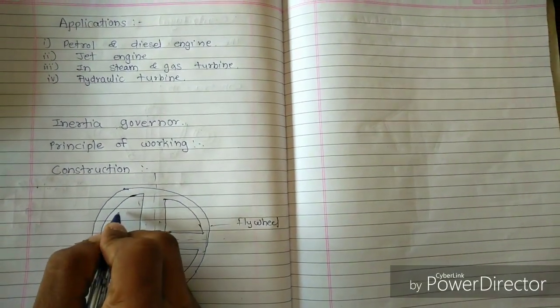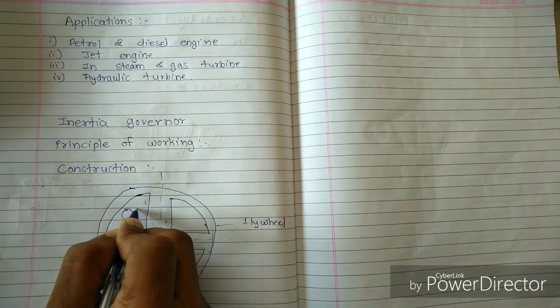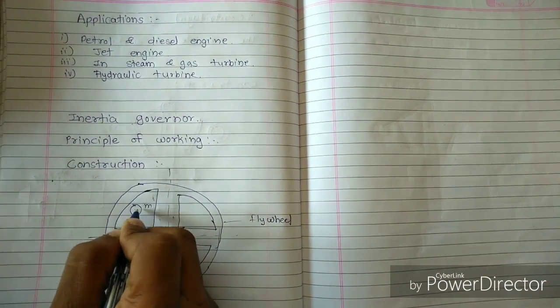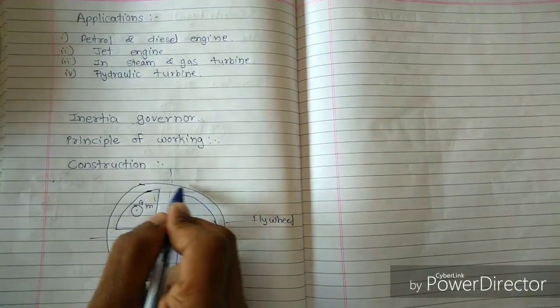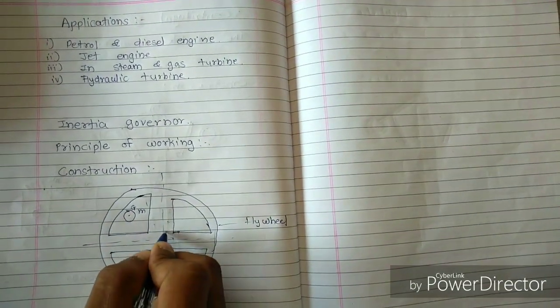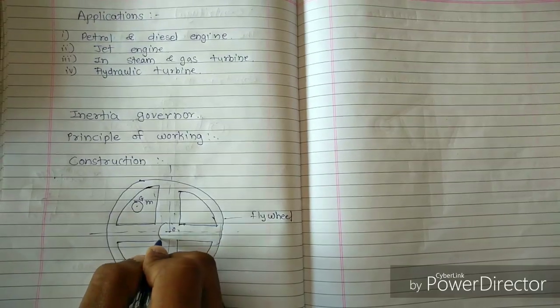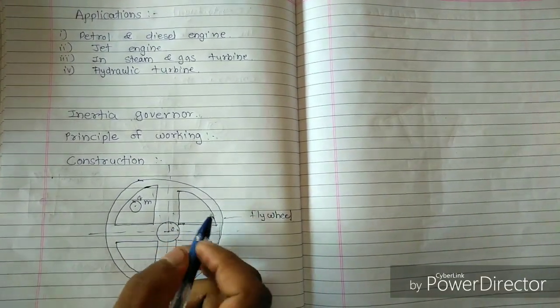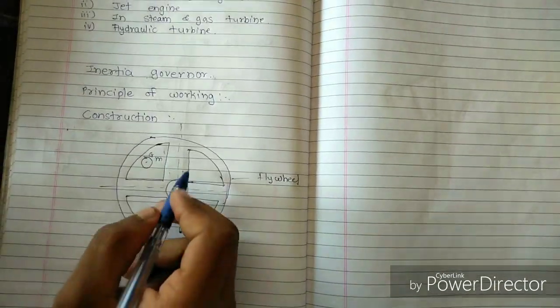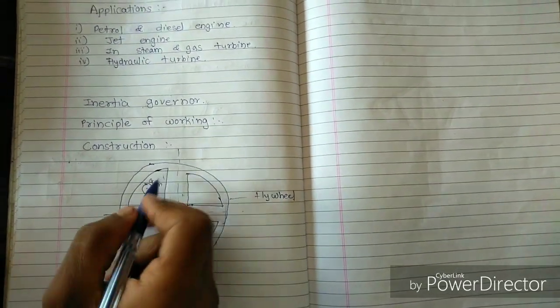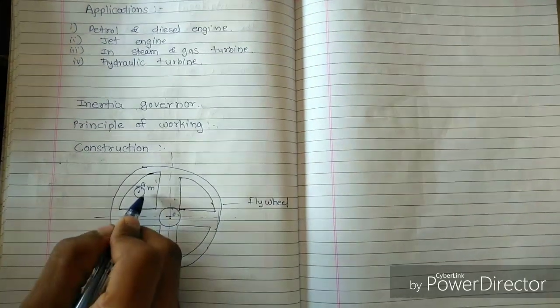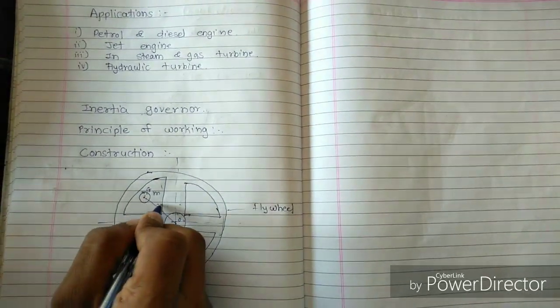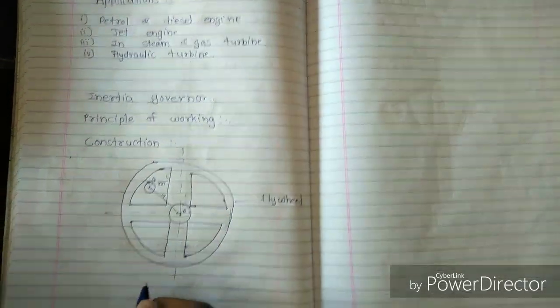It also consists of a body having the mass m and the center of gravity called G. The center of this flywheel is called O, and the distance between the center of this flywheel and the center of gravity of this body is r, called the radius.